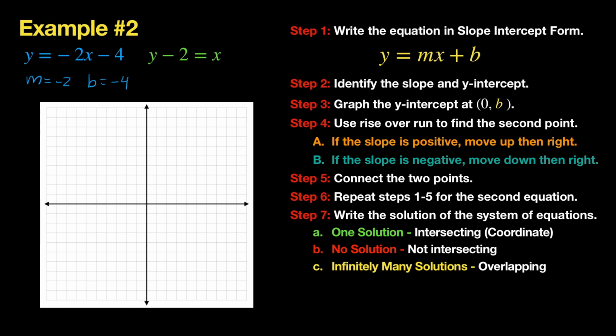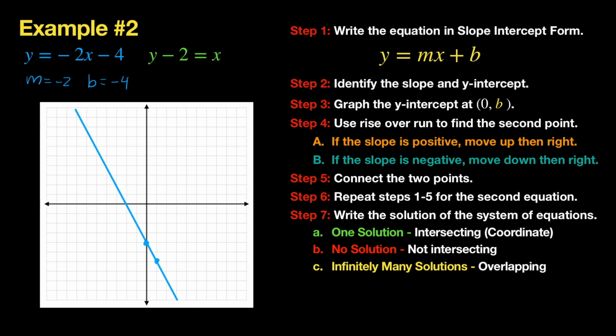So our first point is going to be at -4, and because the slope is negative, we're going to go down and to the right. So right here, and now we go down 2 units and 1 to the right. Now that we have those 2 points, let's connect them.